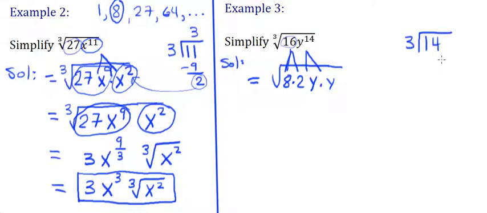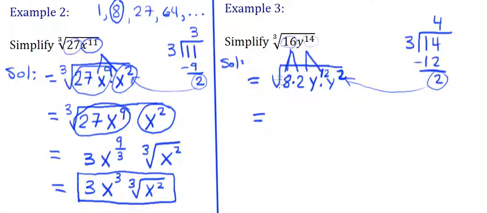How many 3's go into 14? 4. 4 times 3 is 12 with a remainder of 2. The remainder is important because it's the exponent of this y, 2. And to complete this 14 via this multiplication, you need 14 minus 2, which is 12. So this is how you break this down.